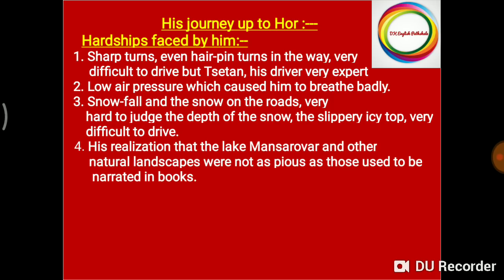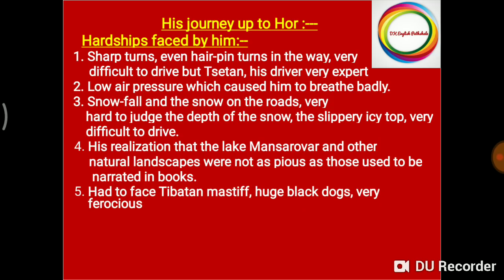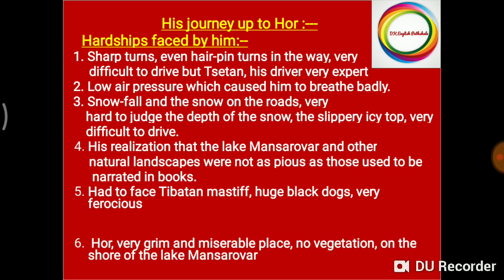Number 4, his realization that Lake Mansarovar and other natural landscapes were not as pious as those used to be narrated in books. Number 5, had to face Tibetan mastiffs, huge black dogs, very ferocious.